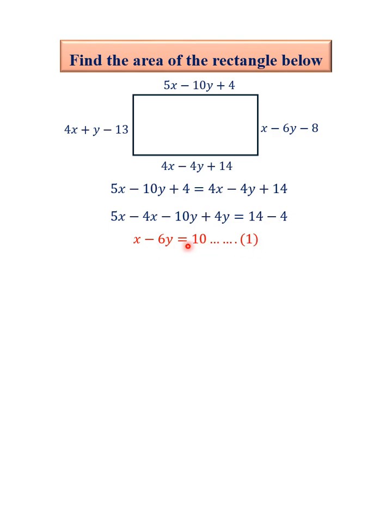In the same fashion, we are going to equate this to this because they must be equal for a rectangle. If that is the case, then 4x plus y minus 13 equals x minus 6y minus 8.